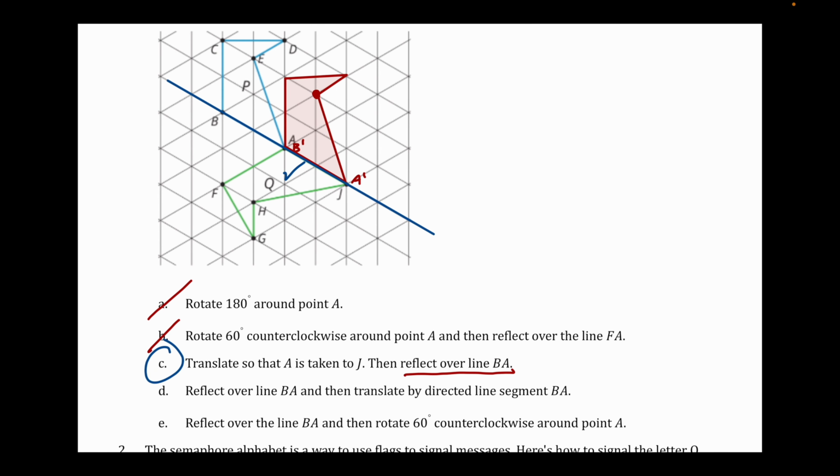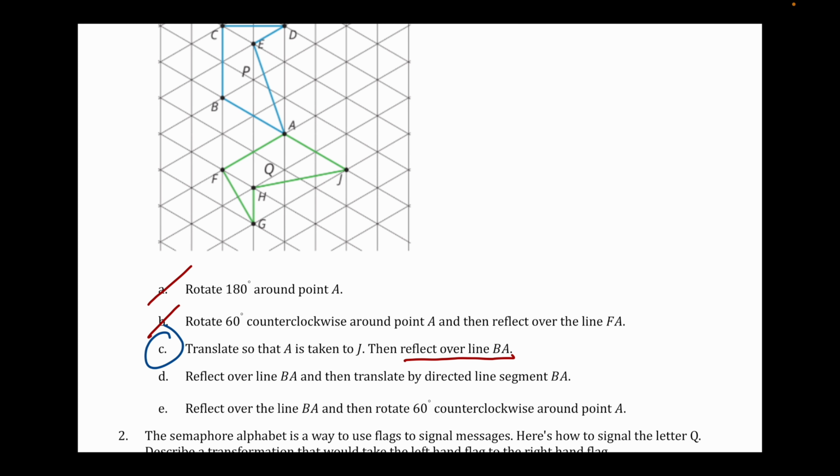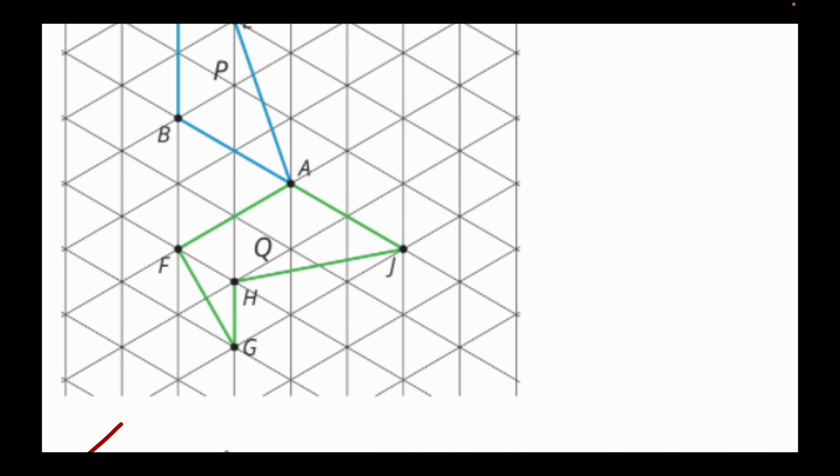So I'm going to erase what I have on my diagram here just so that I have a little bit of a fresh canvas to look at my other two things here. So with option D, it's starting us out by saying reflecting over line BA. And then we're translating. So I have hope for this one as well, because BA in our previous one, we just translated along this line, meaning we didn't change the way it was rotated or anything, and reflecting across it worked.